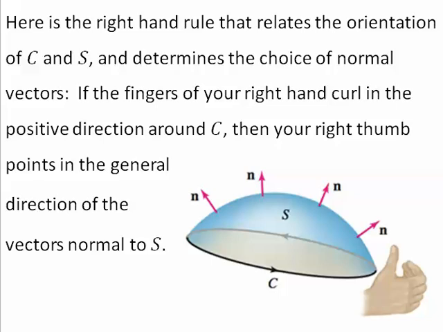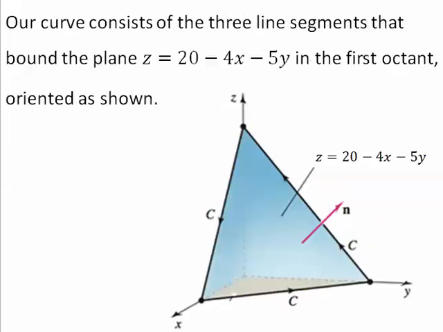If the fingers of your right hand curl in the positive direction around C, then your right thumb points in the general direction of the vectors normal to the surface S. Our curve consists of the three line segments that bound this plane in the first octant oriented as shown.